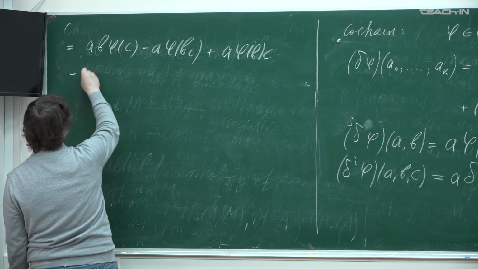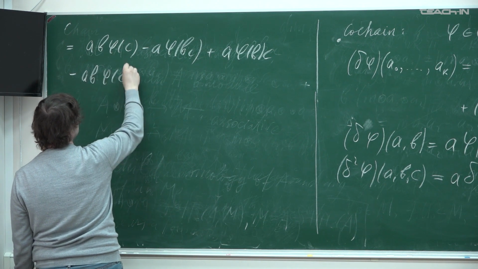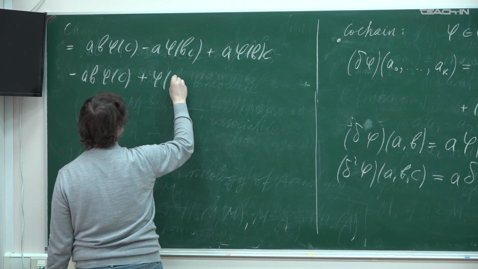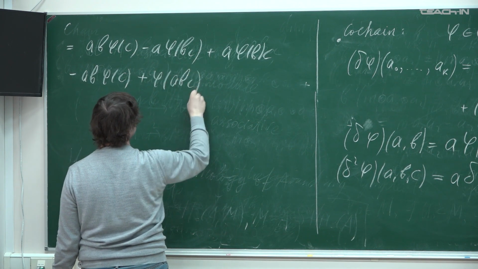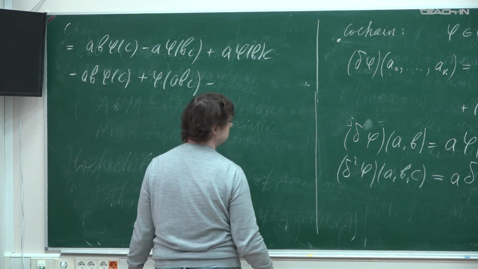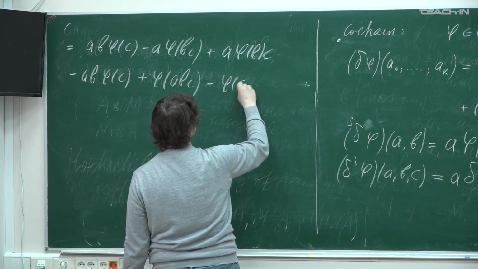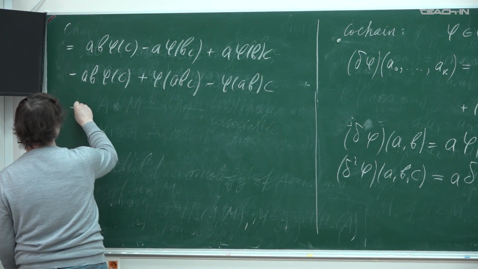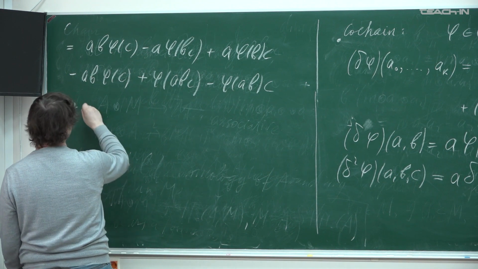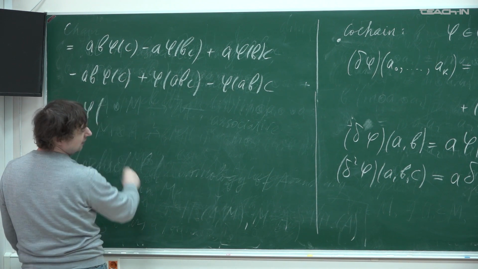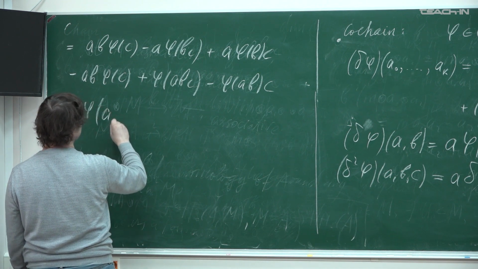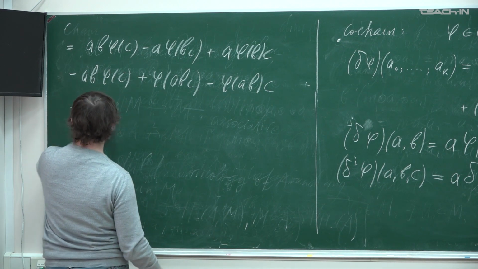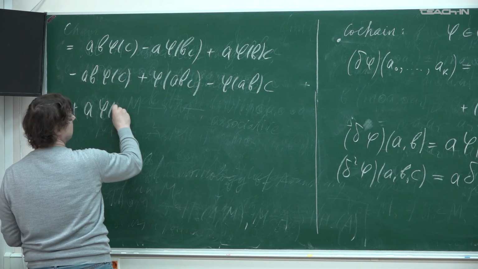That is AB phi of C plus phi of ABC minus phi of AB times C. And we have plus phi of what? ABC. Oh, is it phi? Sorry. Oh, no, it's correct. It's incorrect. Phi, A times phi of BC.